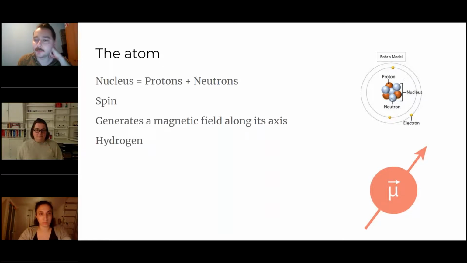The particles that compose the nucleus have this particular property, which is called spin. Now, what this means is actually pretty complicated. Spin is a quantum property, which means that if we were to really understand the physical basis of this, we'd have to do quantum mechanics, which I don't think any of us are particularly knowledgeable in.